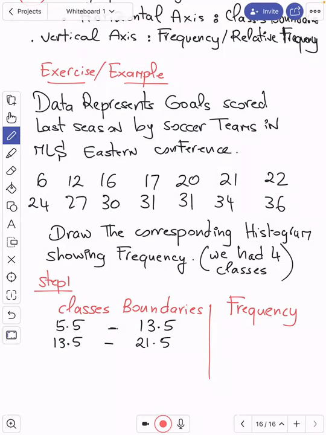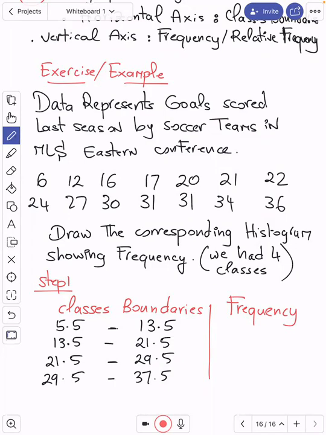So for the third class, the class boundaries were 21.5 to 29.5, and then finally we had 29.5 to 37.5. So we completed these class boundaries last week, and the frequencies.